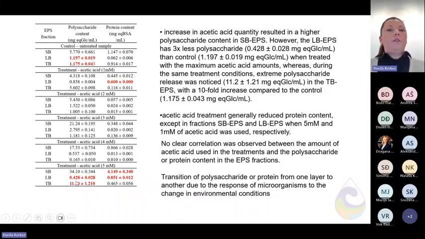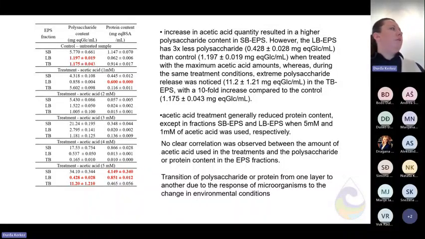Concerning protein content, we can generally conclude that reduced protein content was obtained during this treatment. An exception exists in fractions such as soluble bound and loosely bound EPS when the highest and the lowest acetic acid concentration was used.